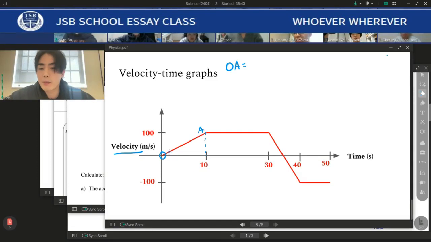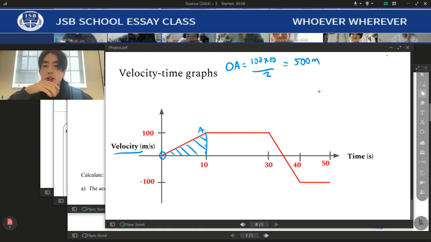I don't know. Okay, so remember the distance is the area. If you look at this area here, this is just a triangle, right? So how do you find the area of a triangle? Multiply by 100, multiply 10, divide 2. Exactly, good. So the distance traveled from O to A is just 500 meters.